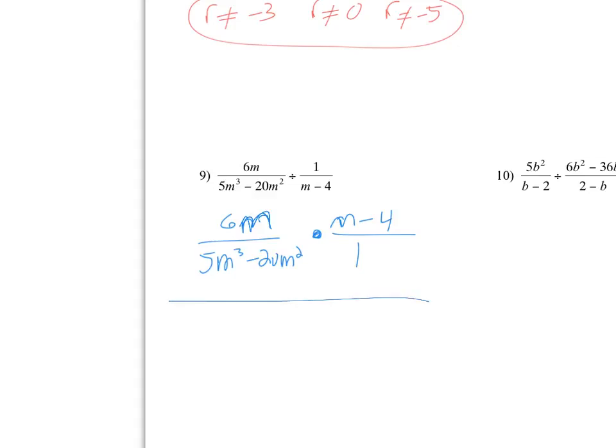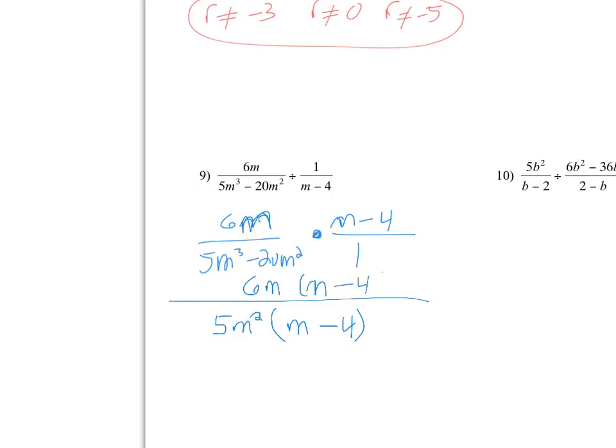I'm going to pull out a 5. It looks like 5m squared is common. 5m squared times m gives me 5m cubed, and then negative 4 gives me 20. Oh my gosh! So 6m times m minus 4.